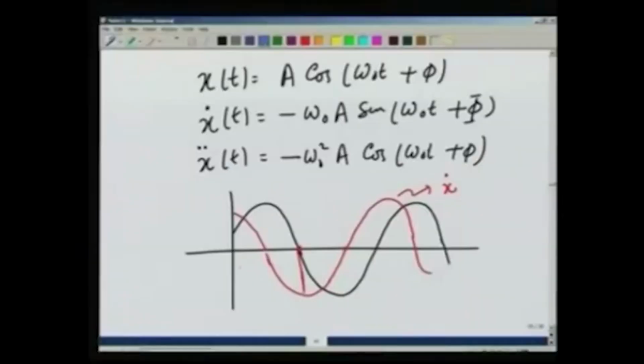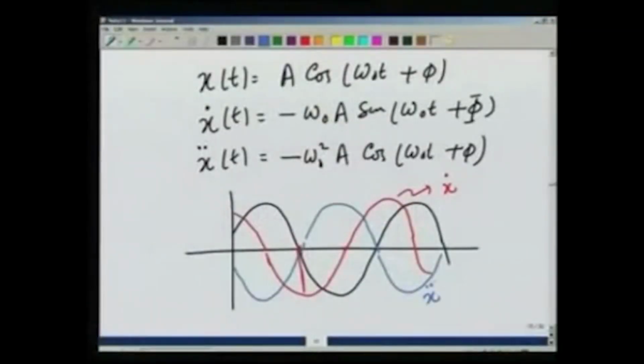The acceleration is going to be negative of the displacement times omega square, so that's going to look something like this. I have not shown the magnitudes, I have just shown how in general the velocity and the acceleration are going to look. Black one obviously is the displacement.